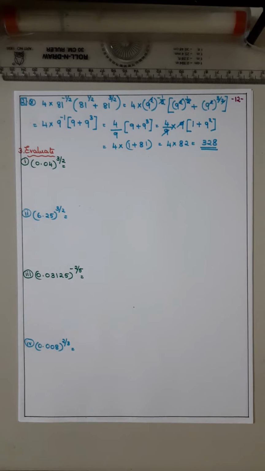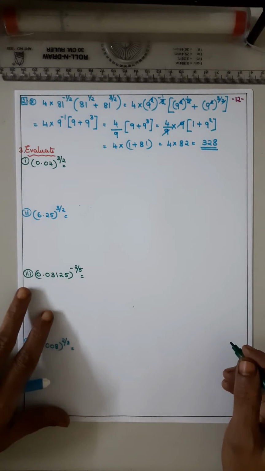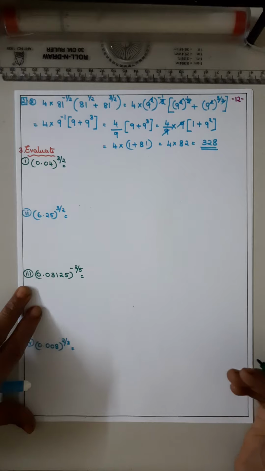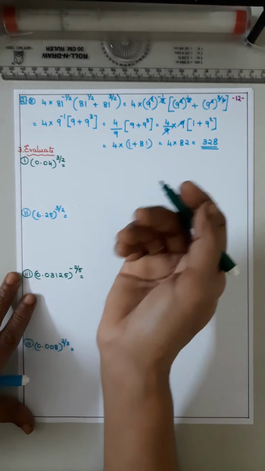Okay. Now coming to the third sum, evaluate 0.04 the whole power 3 by 2. Okay, this is a decimal sum. So there are two types of solution. So first we will convert into the fraction.